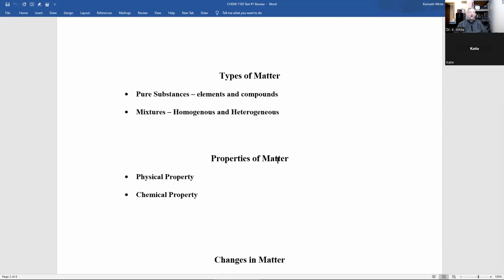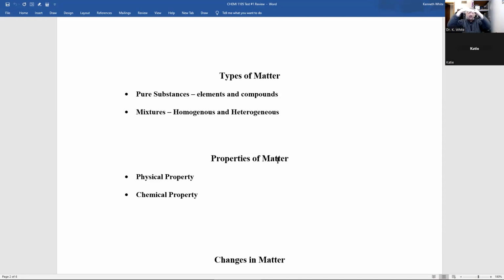Now, the other type of matter is a mixture. A mixture is when you combine two chemicals or substances and they each retain their own chemical identity. When we talk about mixtures, there's homogeneous and heterogeneous.